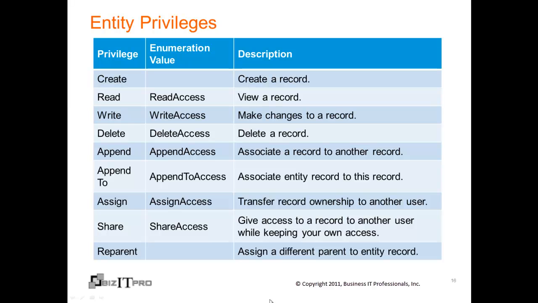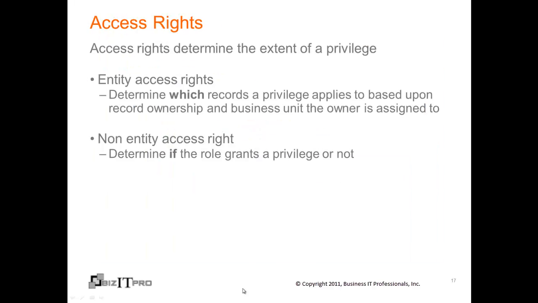Here's a list of the entity privileges: create, read, write, delete, append, and append to, assign, share, and reparent. For more details about what each one of these privileges actually grants, check the CRM 2011 SDK. Access rights.